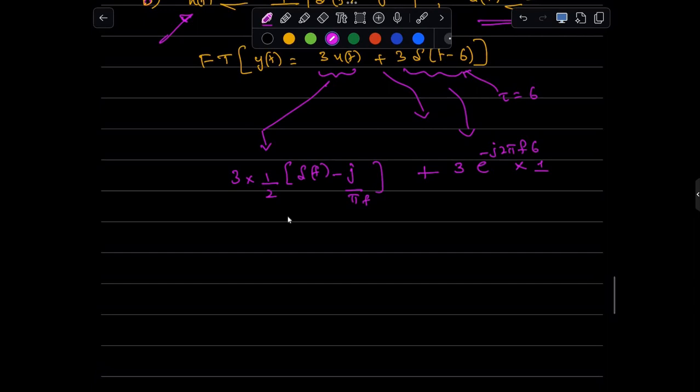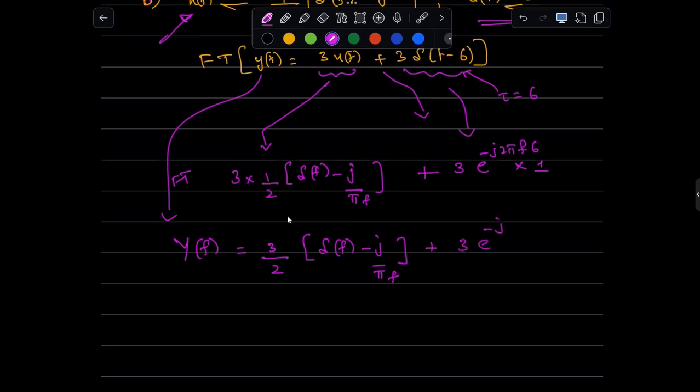So the Fourier transform result is y of t has the Fourier transform y of f, which is equal to 3 over 2 into delta of f minus j over pi f plus 3 times e power minus j 2 pi f into 6. So 6 into 2 becomes 12, so this will become 12 pi, right? So minus j 12 pi f. Okay, so that is the Fourier transform.